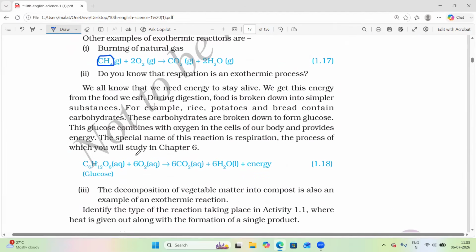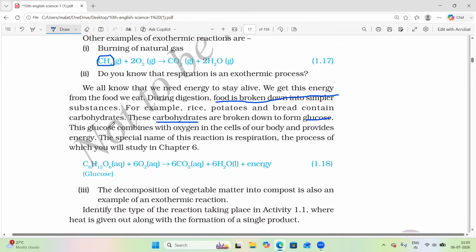Then, after we take food, we know that it gets digested. During digestion, what happens? Food is broken down into simpler substances in our stomach. Along with that, it releases carbohydrates in our body, which form glucose. When these carbohydrates are broken down, we get energy after eating food, no? After digesting the food, the carbohydrates are liberated.